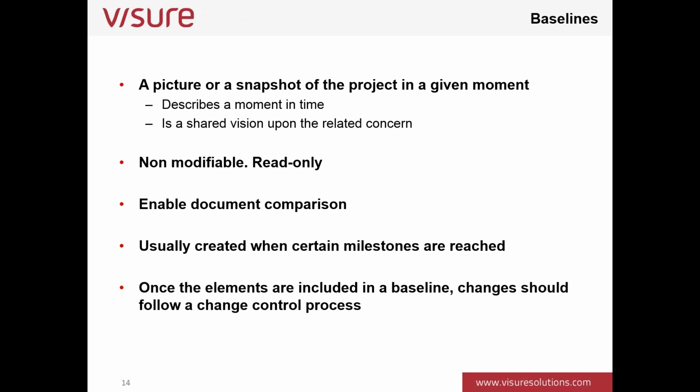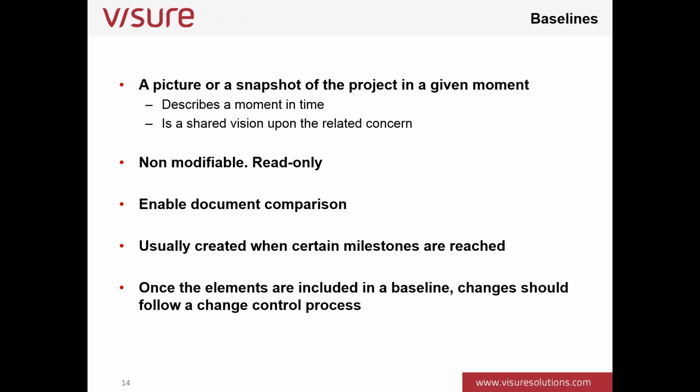Okay, the idea is that when certain milestones are achieved in my project, I usually create a baseline that is going to be like a frozen version of the system that I'm going to develop. For example, once I get an agreement from the user with my specification, I can say, okay, so this is what we are going to work with. Those are the requirements that we are going to be working with.